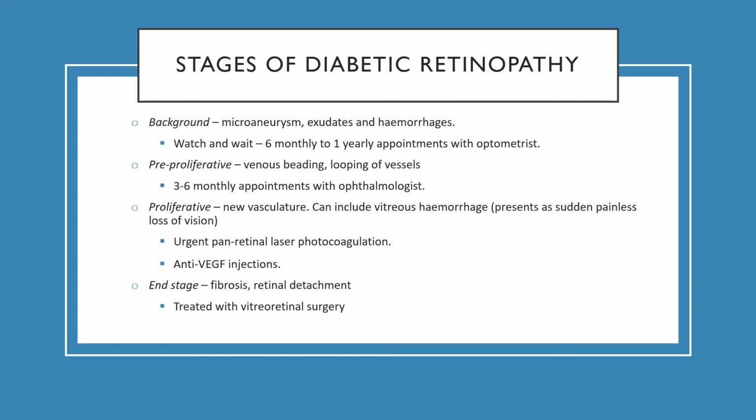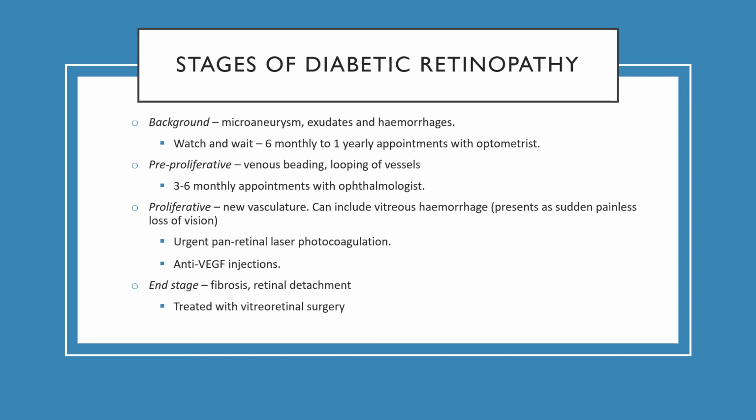Pre-proliferative stages of diabetic retinopathy are where we start to see venous beading and looping of vessels within the retina. These require more frequent appointments and so can be considered to be 3 to 6 monthly appointments with an ophthalmologist. Finally, proliferative and end stage.